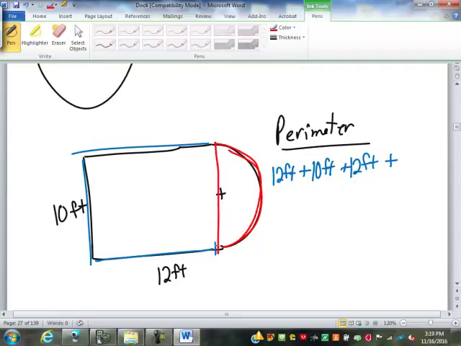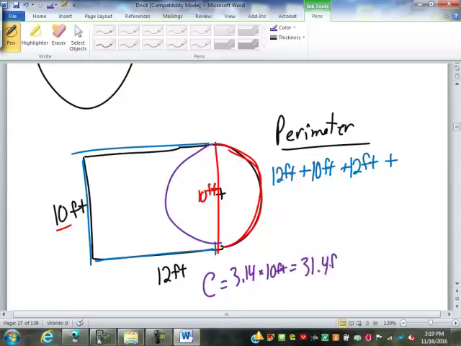Well, that circle has a diameter of 10 feet. So the circumference, if it were a full circle, would be pi, or 3.14, times diameter of 10 feet. So it'd have a circumference of 31.4 feet.